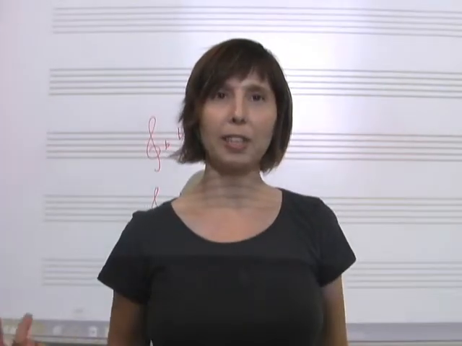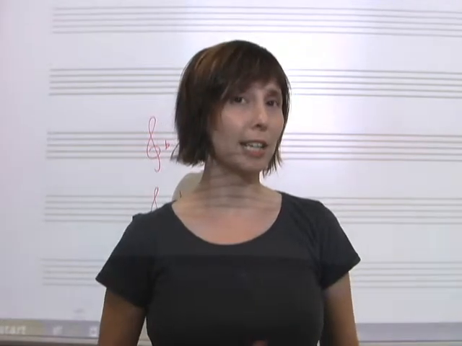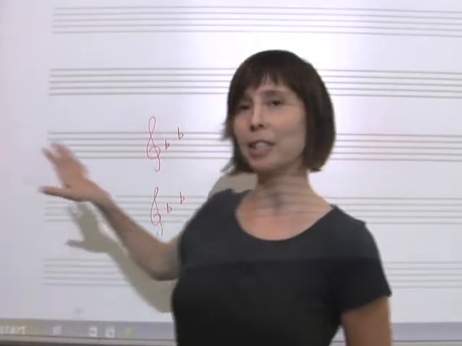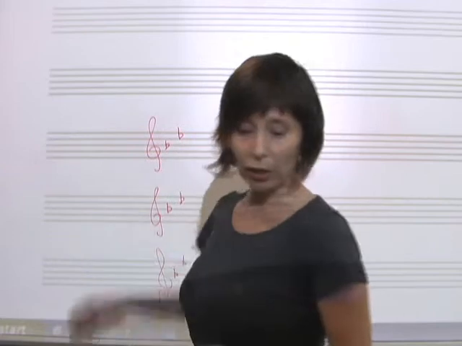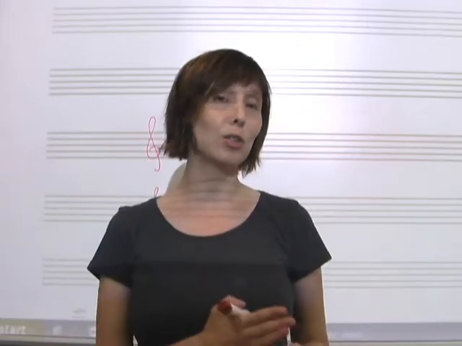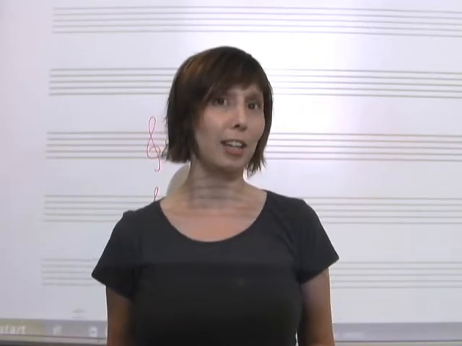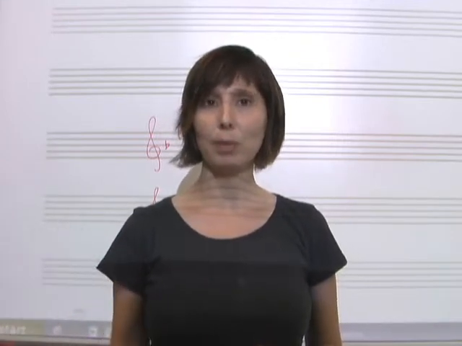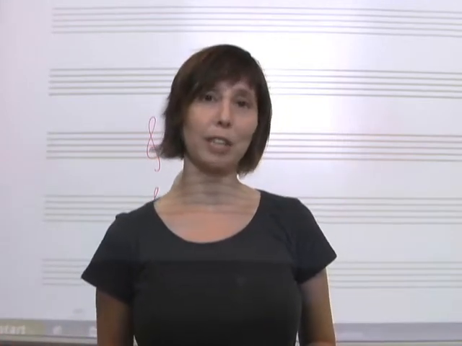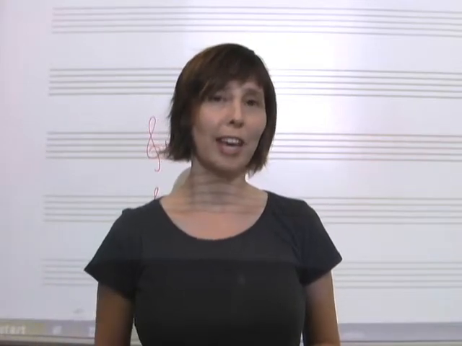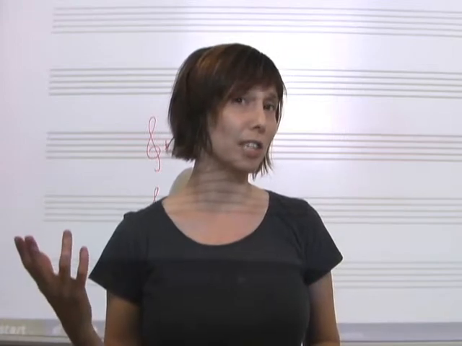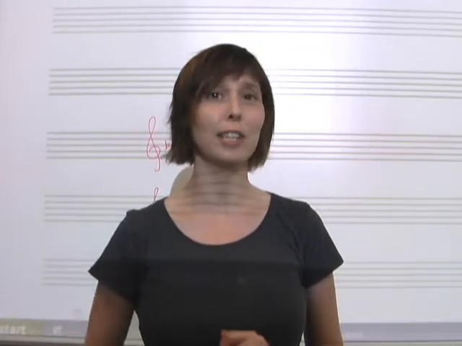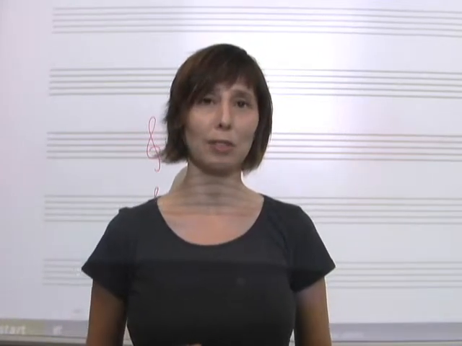So that way, if your music is in a key that requires these notes, you don't have to write the flats next to every B and every E. Once you see the key signature, you know to always play or sing a B flat or an E flat instead of a B natural or an E natural. And if you want a B natural or an E natural, you'll have to write a natural sign in the music next to those notes.